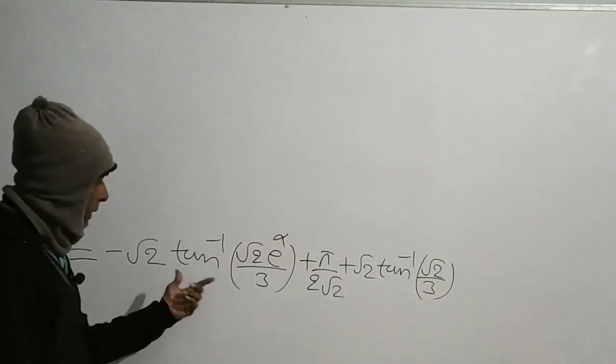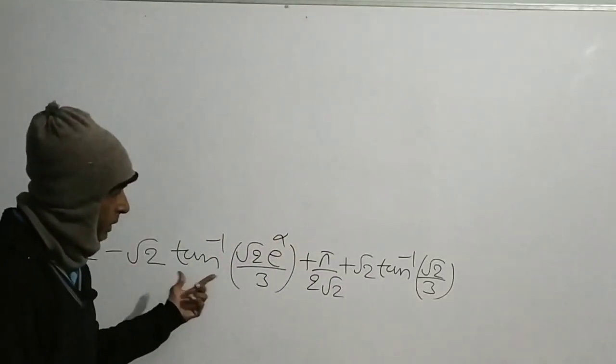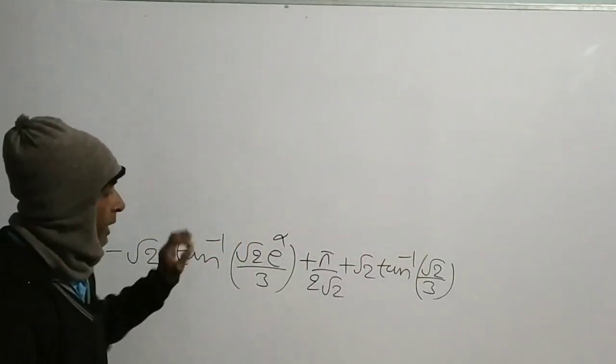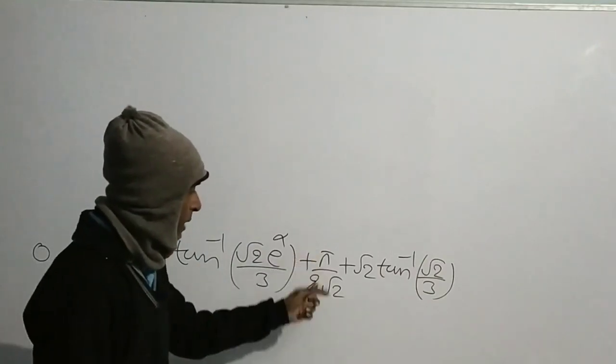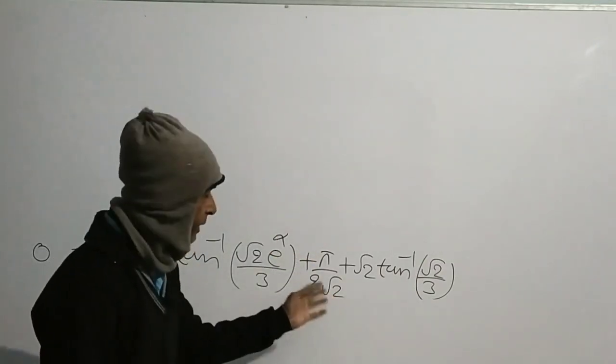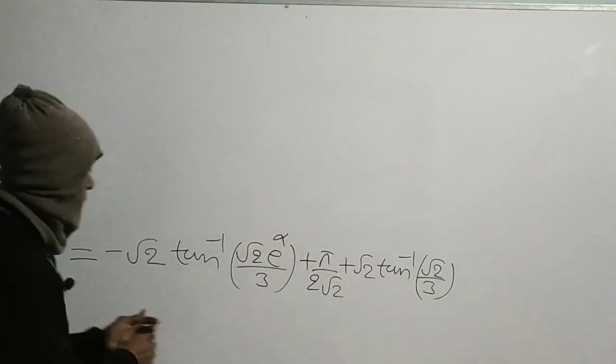Now we will shift this term and this term to the left hand side and leave pi by 2 root 2 on the right hand side as it is.